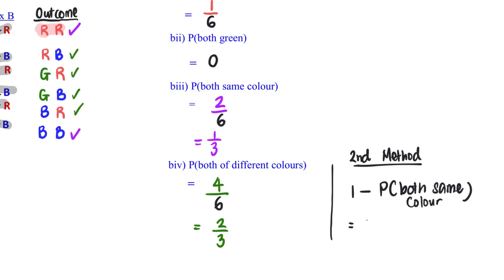So this will equal 1 minus, where's the probability that they are the same color? We've gotten that in part B, 1/3. And you will see that it will give me the same answer. Okay, so that's the second method that I wish to share with everyone.